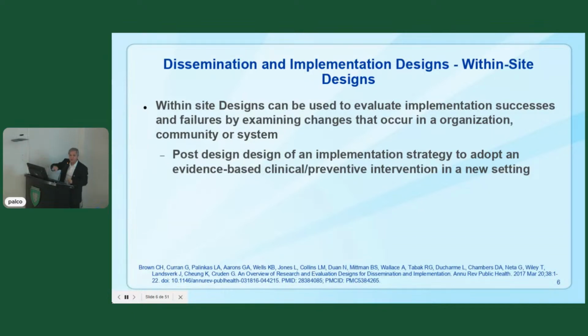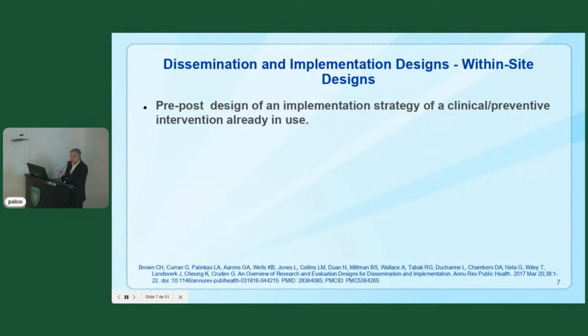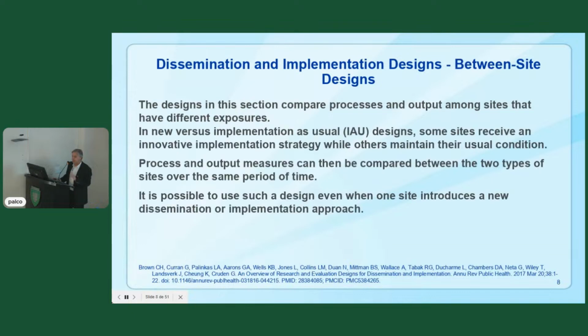You only need a measurement after. It's not about evaluating effectiveness, it's evaluating the implementation, okay? There's a distinction. There's also within site that's pre and post. You can do the pre and post design, meaning measurement of elements of implementation before you intervene, and elements of implementation after you intervene. Okay, so that's a possibility.